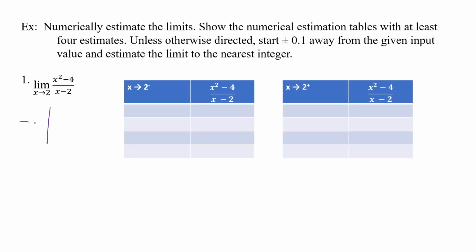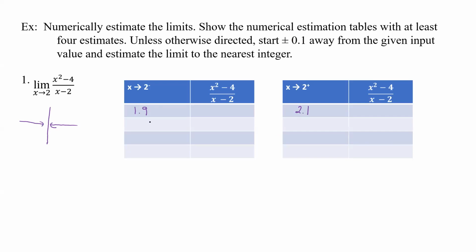We're going to approach it from the left, and we're going to approach that c from the right. So from the left, if we're going plus or minus 0.1, that means we're going to be at 1.9. Now, if we're going from the right, that means it's going to be over, so that's going to give us a 2.1. So those are going to be our starting values.